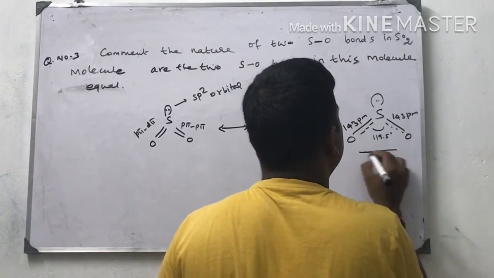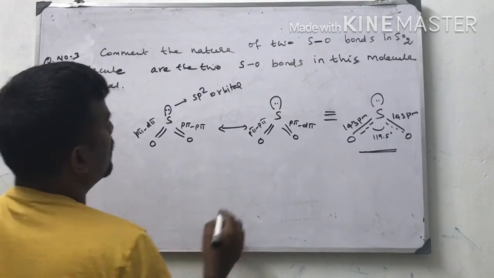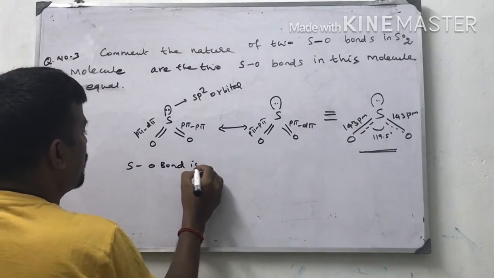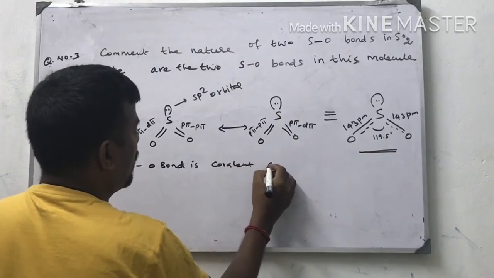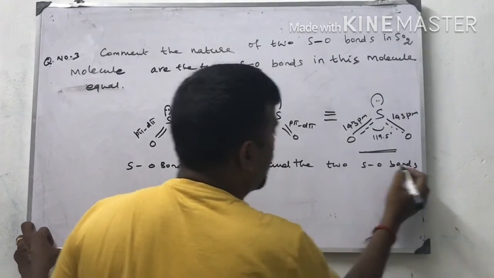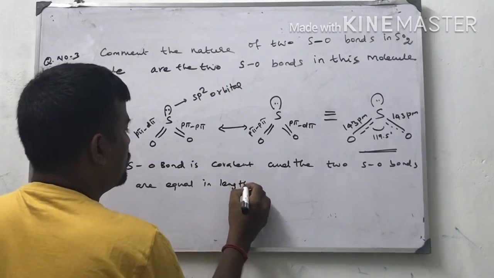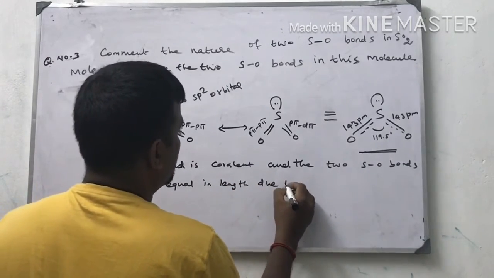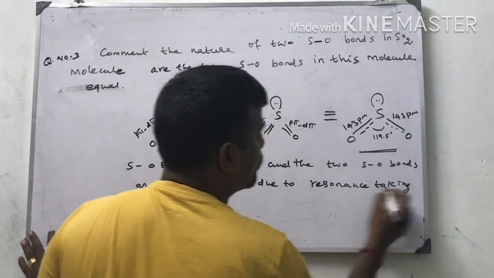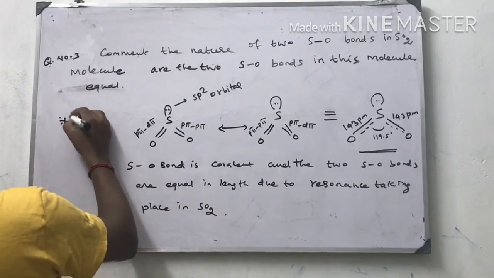So the SO bond is pure covalent, and the two SO bonds are equal in length due to resonance taking place in sulfur dioxide. Important, one more question.